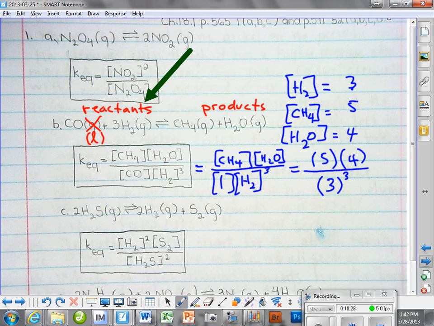So 3 times 3 is 9 times 3 is 27. So this is equal to 20 over 27. And then you solve it for whatever that number is. It'll be point something, 0.7407. Actually, because we only have one sig fig, that'll work.